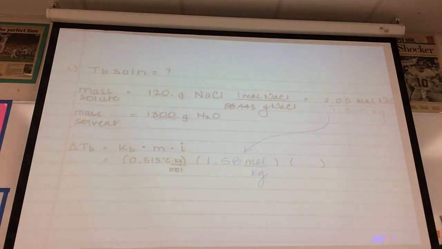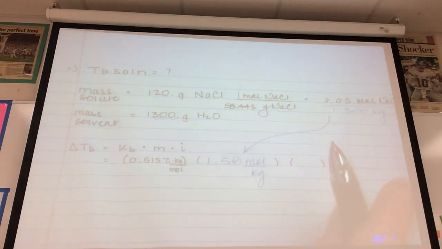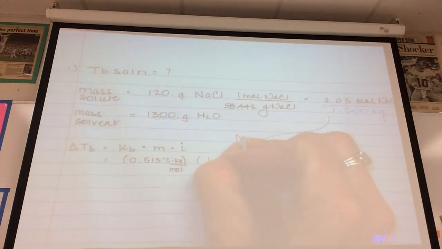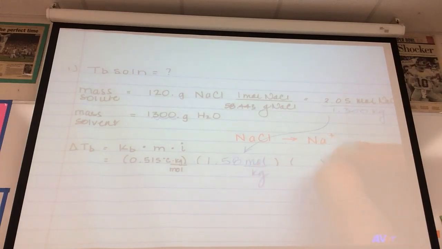Now we have to get the I. Do we take our solute or our solvent? What gets dissolved? Solute. So we take our solute. That's going to generate sodium ion and chloride ion, balance. So my I is 2.